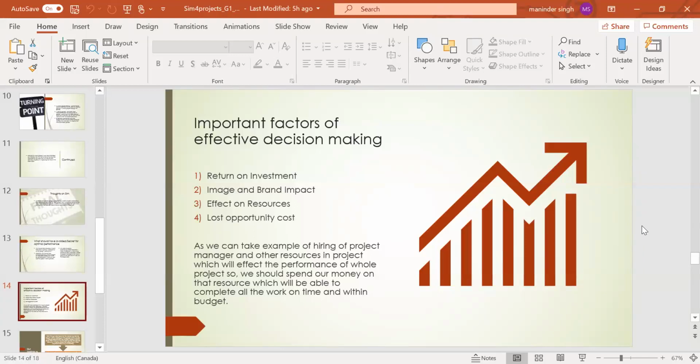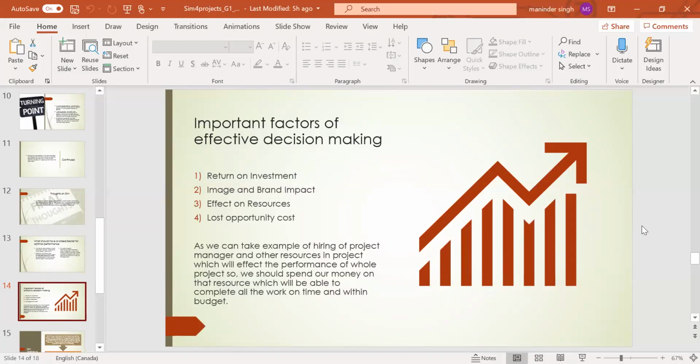The fourth point is lost cost, opportunity cost. If we are spending money on buying one thing, then we are not able to buy another thing, as we have already spent our money on one thing, so we should spend our money according to planning. I will take one example to explain.